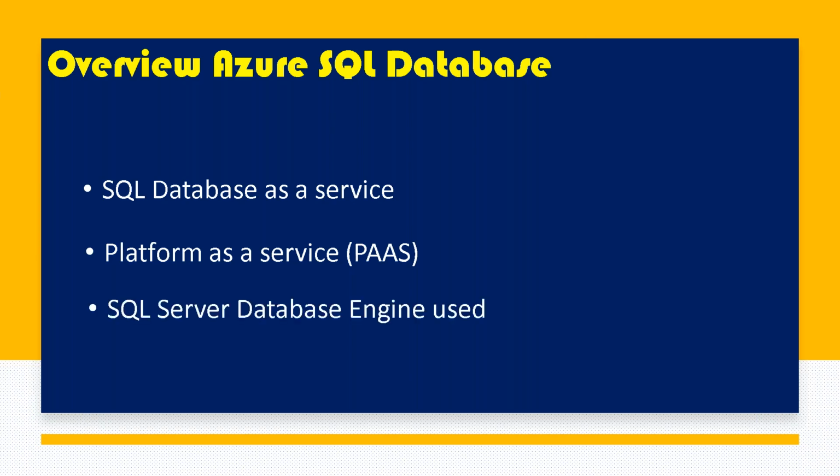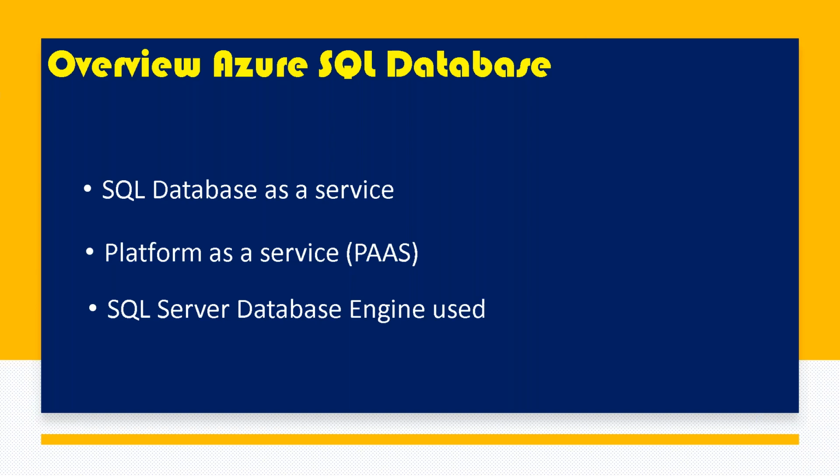Here we are going to see the overview. The SQL database runs on the SQL Server database engine. The same type of database engine that is available on-premises will be there.